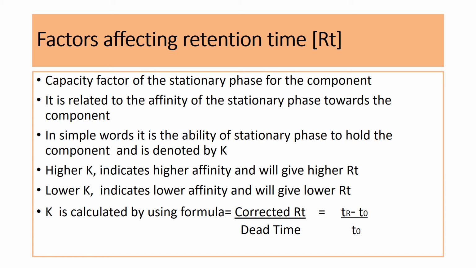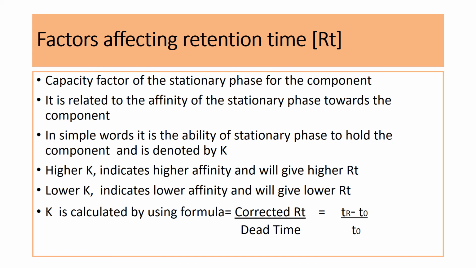So retention time is the time taken by the sample component to reach the detector. There are a number of factors which affect this retention time. The first factor is the capacity factor of the stationary phase for the compound. It is related to the affinity of the stationary phase towards the compound.